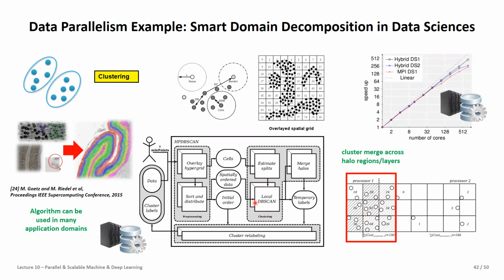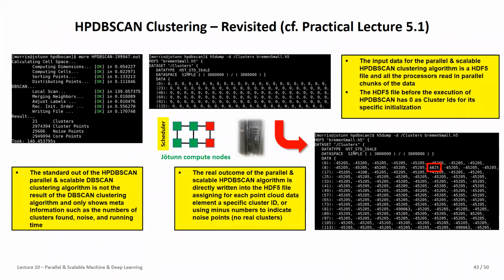And you do a local scan, maybe with OpenMP, and then with MPI, you merge the halos between the different nodes and cores and have a scaling behavior that you see a little bit here, seeing that essentially the hybrid one really catches out the most in this particular algorithm, basically bridging back to all the different lectures we had in the first part of the course, seeing that applications here in AI, applications in data science can really benefit from those significantly. And also think about the data a little bit.